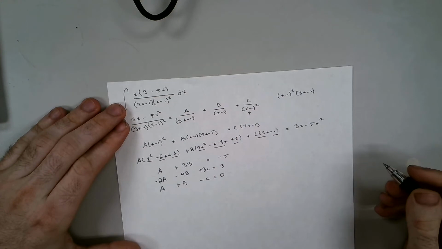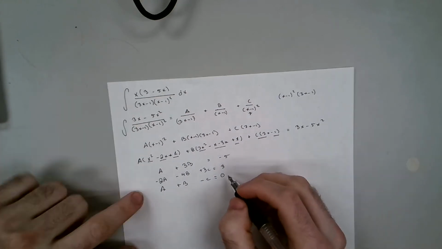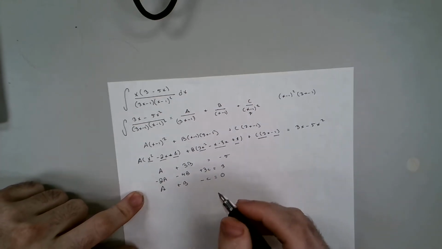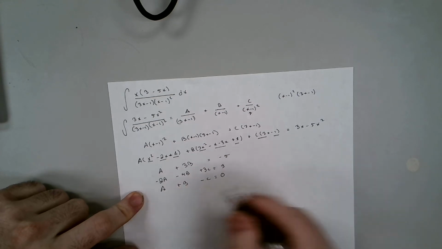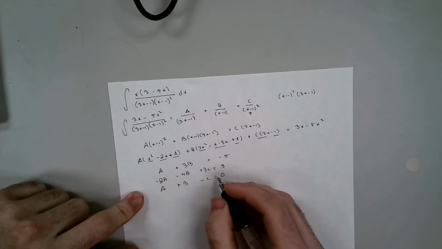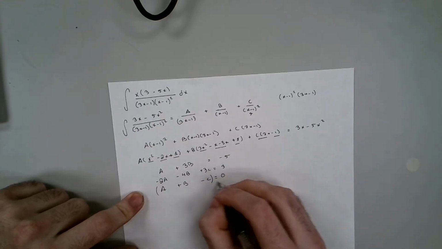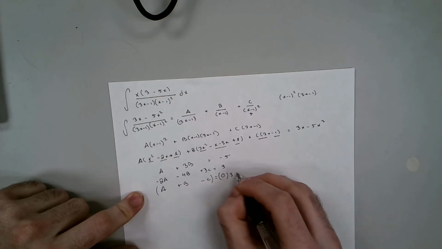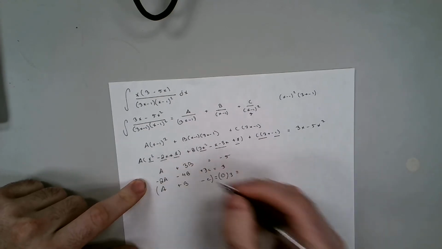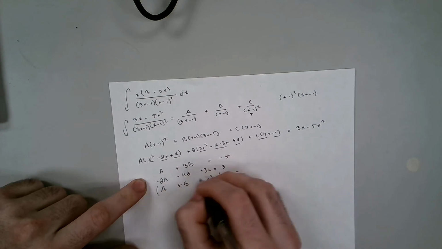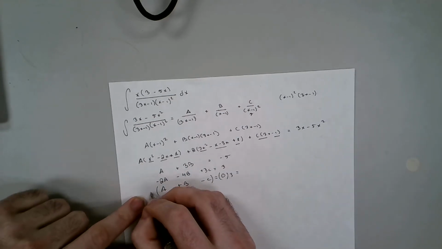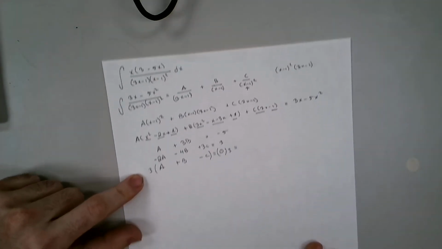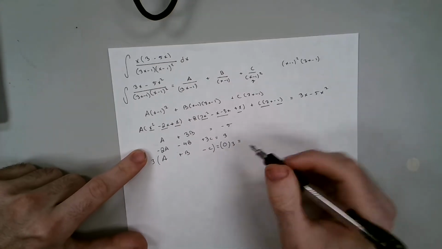So for these, there would be an easy way. Let's say we want to get rid of the C. We're going to multiply by 3 on both sides and add it to this top one.